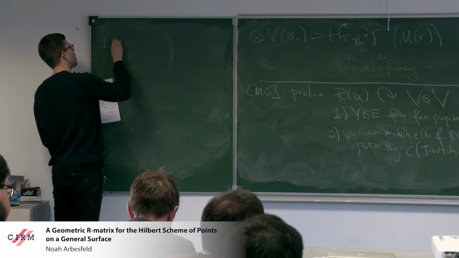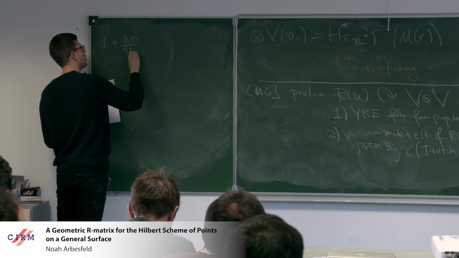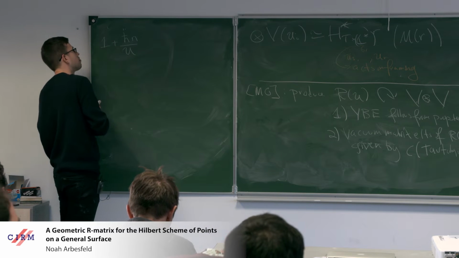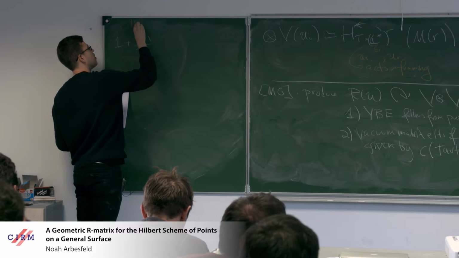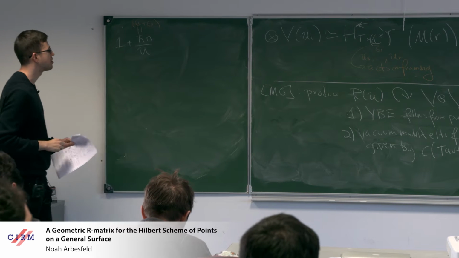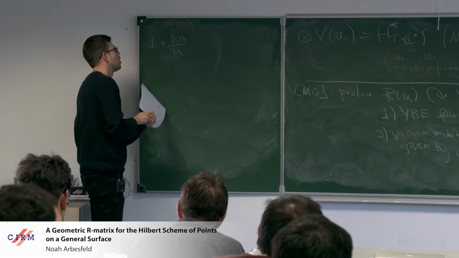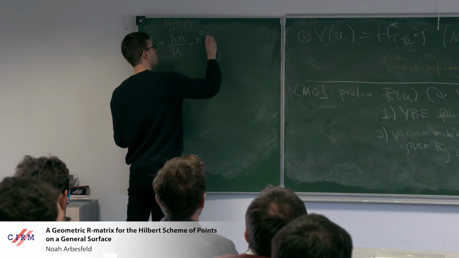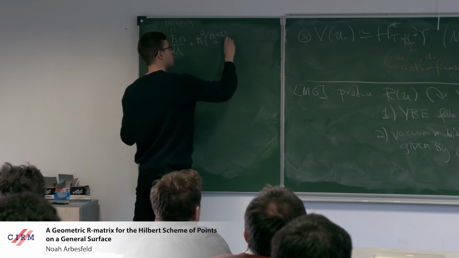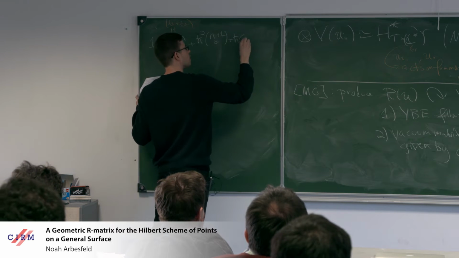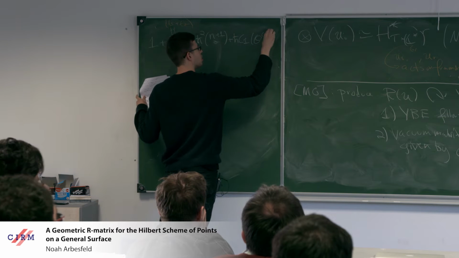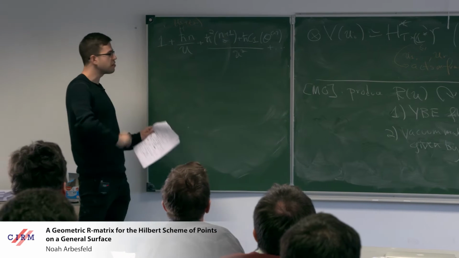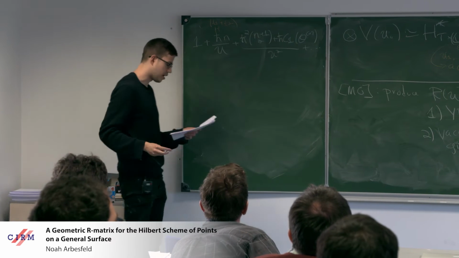So for example, I get 1 plus h bar n over u, where this h bar is the weight of the symplectic form on C2. That is this t1 plus t2 that showed up in this R matrix earlier as well. And I can continue. I get, and then finally this Chern class shows up, and so on. And so the more I expand in u, the higher and higher order Chern classes I get of these bundles.